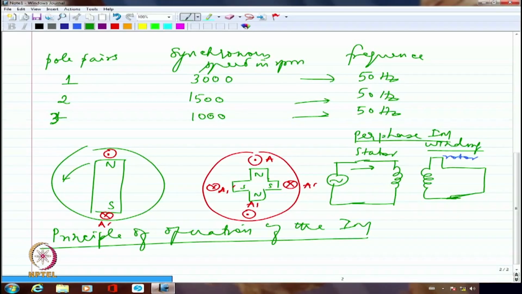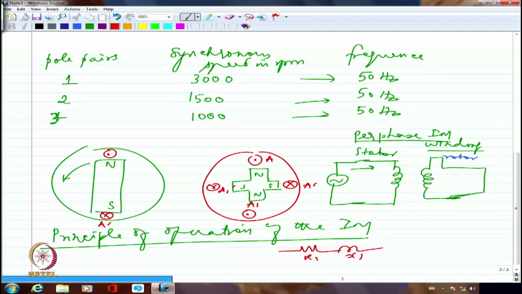So that air gap serves as a blessing in disguise. That air gap will increase the reluctance. Because of the increase in reluctance, it will draw definitely some current, agreed, but the leakage is also more. You remember the equivalent circuit of the transformer where we drew R1 and X1.